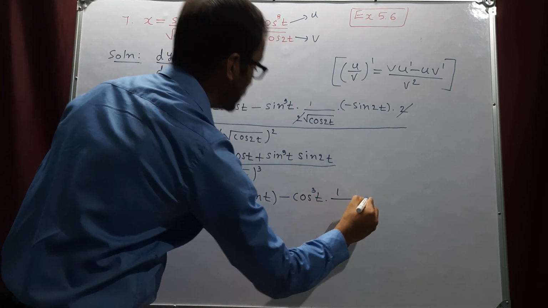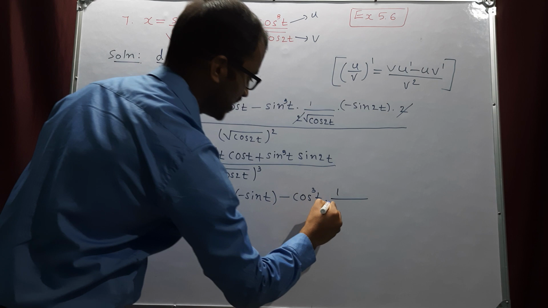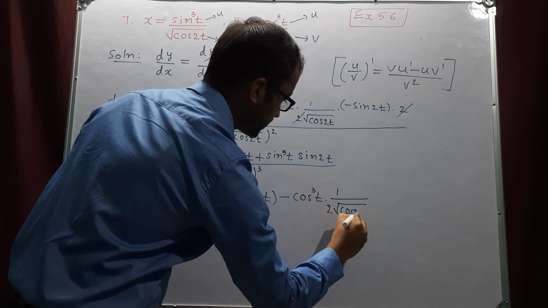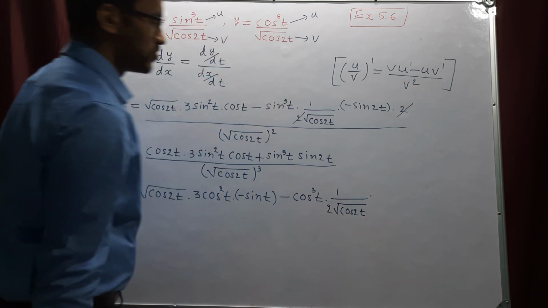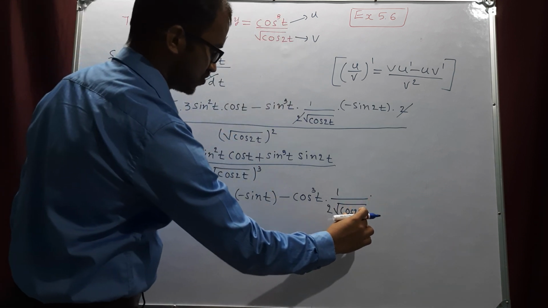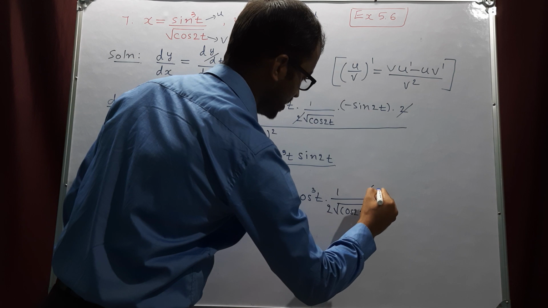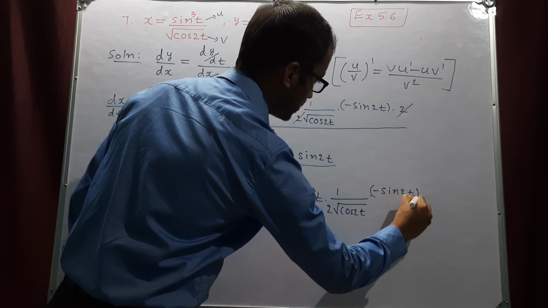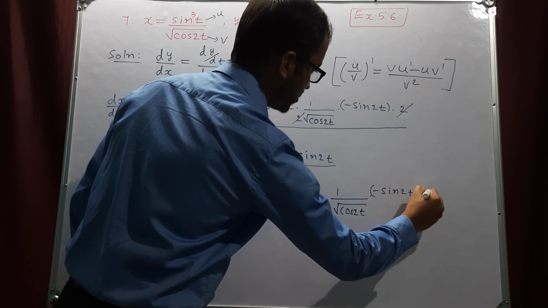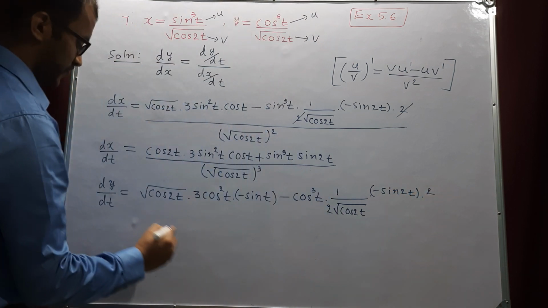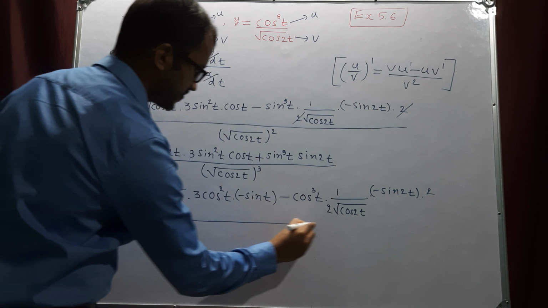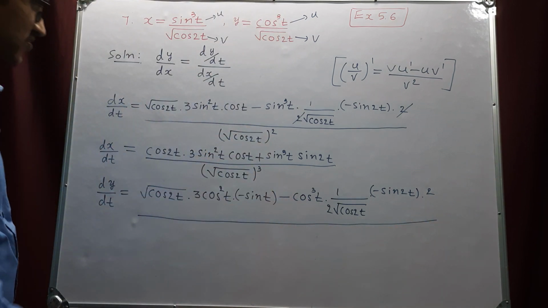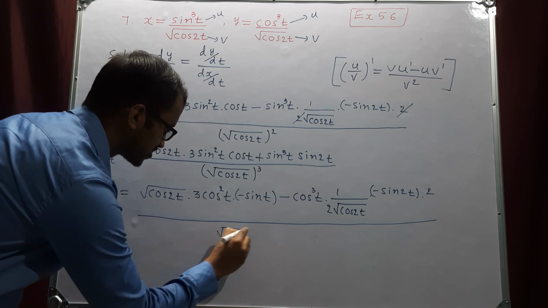Again we apply the chain rule, that is 1 by 2 root of cos 2t into the derivative of cos 2t. The derivative of cos 2t is minus sin 2t, again the derivative of 2t becomes 2, by again v square. v square means root of cos 2t whole square.